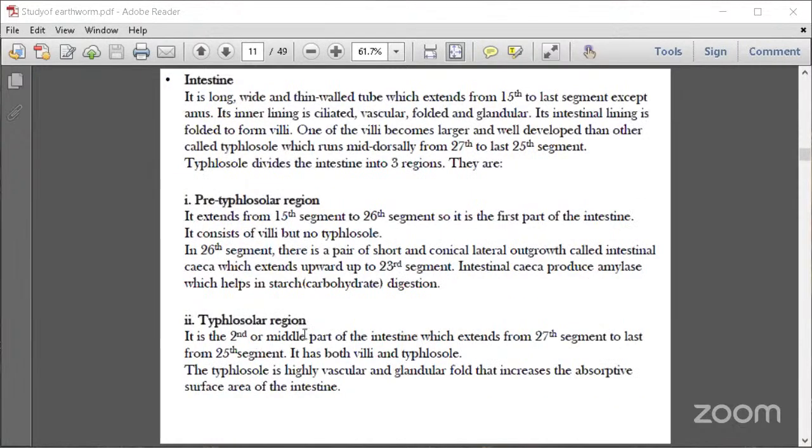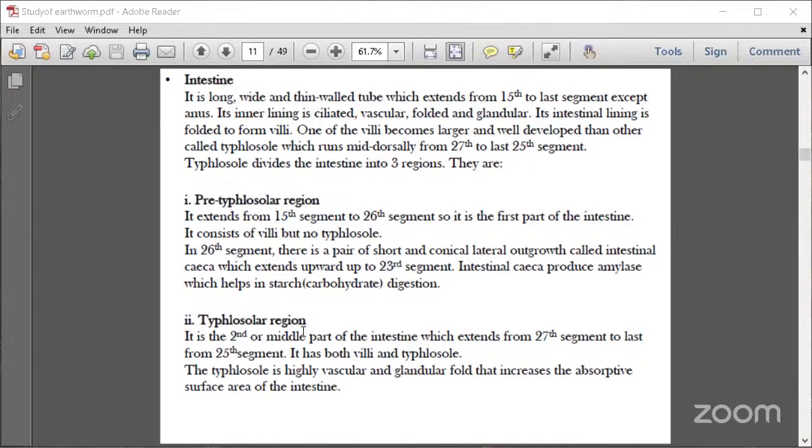When coming to the intestine, it is a long, wide and thin-walled tubular structure which extends from the 15th segment to the last segment except the anus.